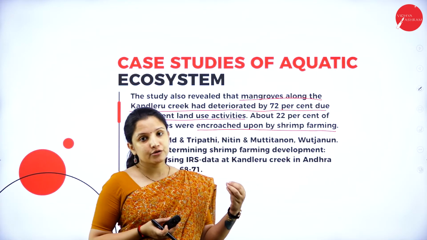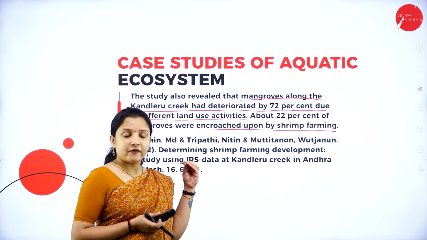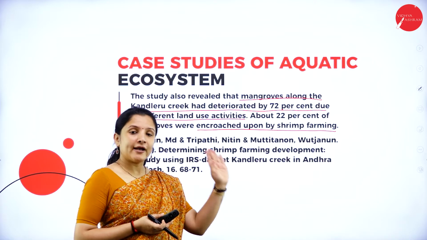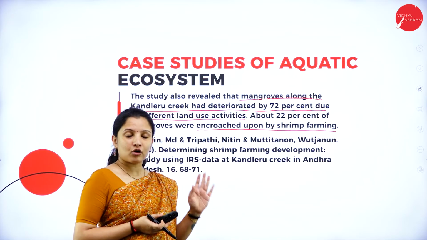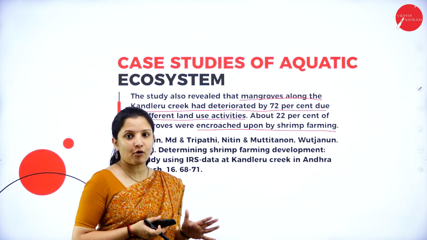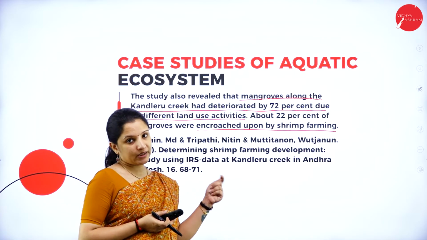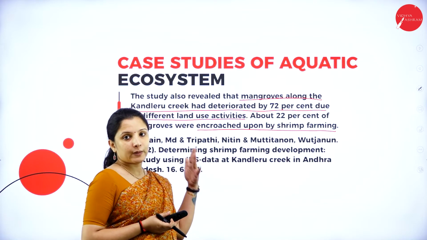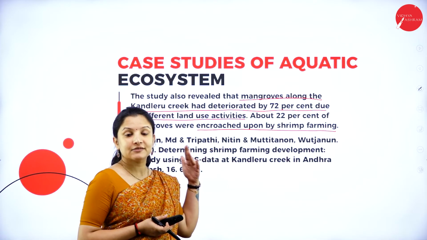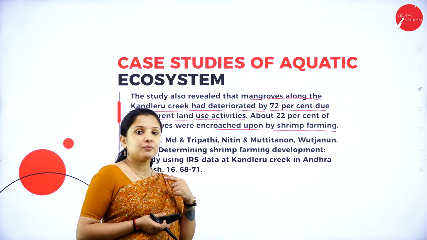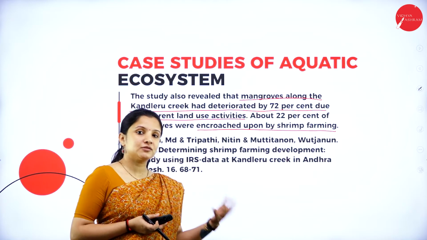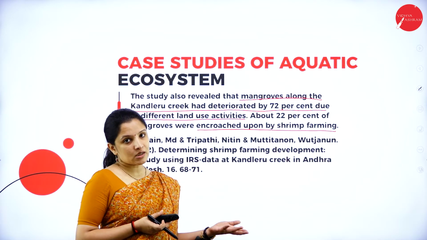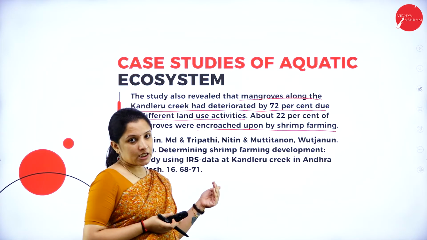In order to safeguard this creek, shrimp cultivation should go smoothly, and the water body also should not get spoiled. So how can it be done? If you have any ideas on how to cope with this extensive shrimp farming, wherein you can go in for shrimp farming as well as preserve that water body, just put it in the comments for this particular session.